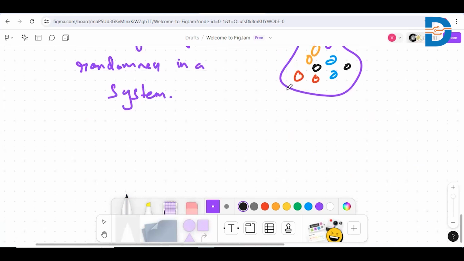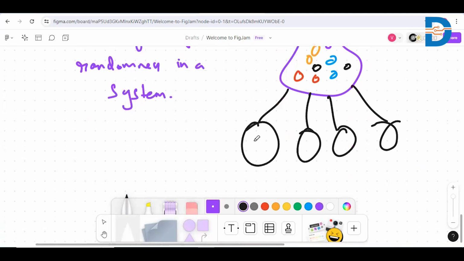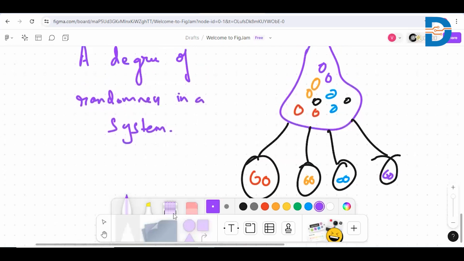On the other hand, if I was to split this bag into 4 other bags, and I put the red balls in this one, the yellow balls in this one, the blue in this one, and so on. You get the idea. These individual systems are the ones with low entropy. There is no randomness in them as such. They in fact are pure. There is only one kind of element in each of these bags. So this is what the concept of entropy looks like.